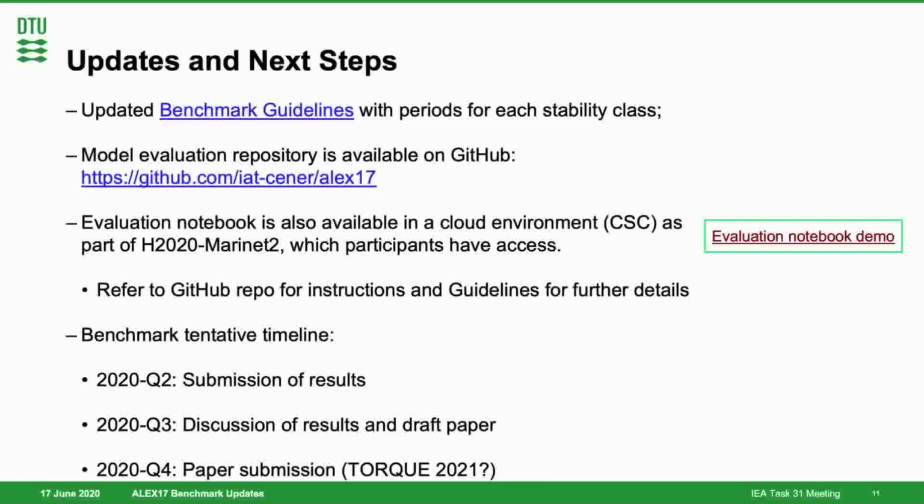The objective here is that we can make a transparent process of evaluating the results, where each participant in the benchmark can have access to the evaluation notebook and can upload their results in a standardized way, in order for us to compare the observations with the models.